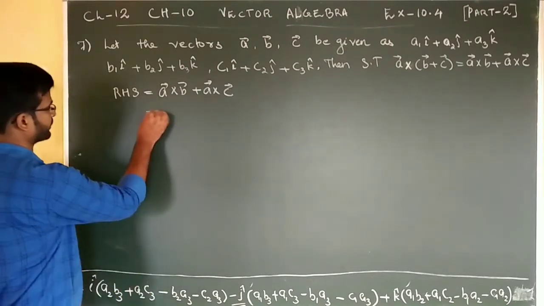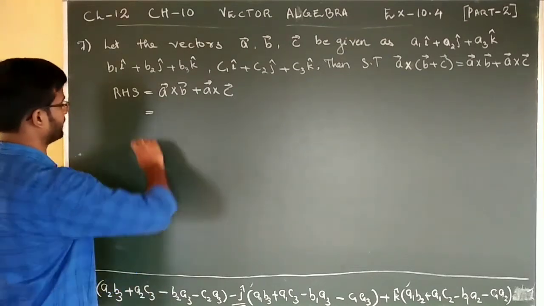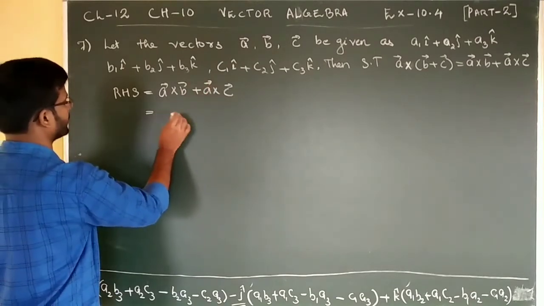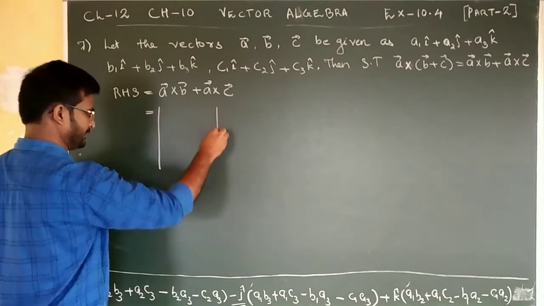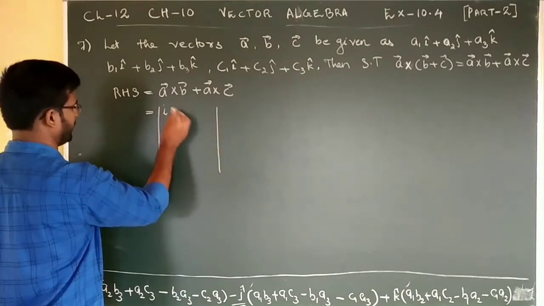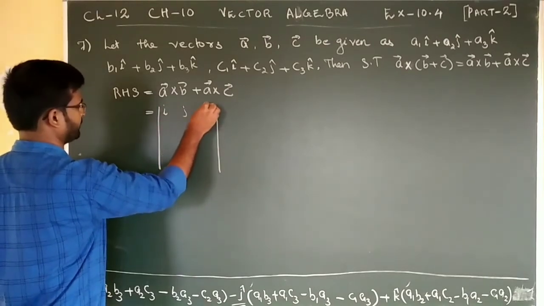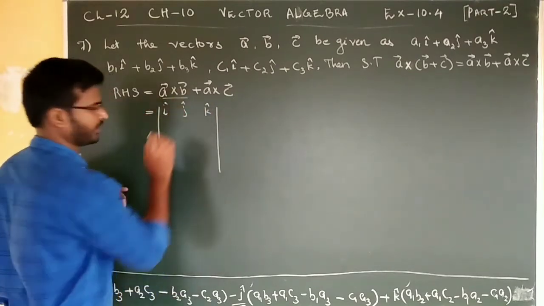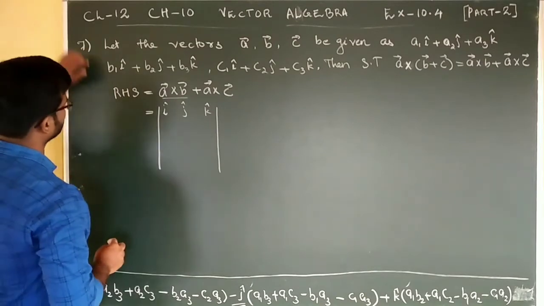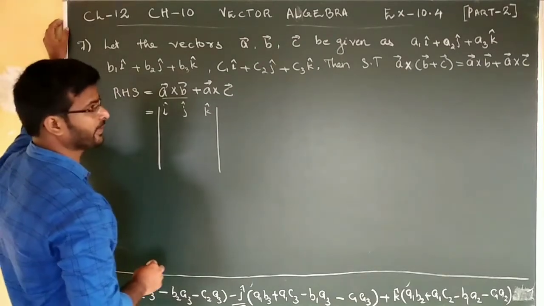RHS: A vector cross B vector, we can write directly in determinant form. First I, J, K, then the scalar components of A vector.